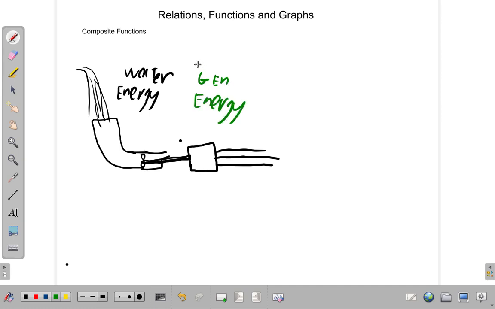So you have two different functions here. One to determine the energy from the water to the turbine blades, and the other to determine the energy from the turbine generator combination to the wires.